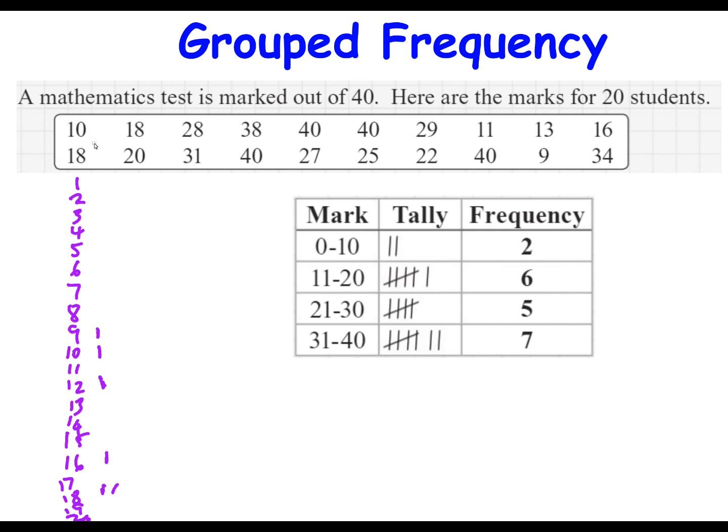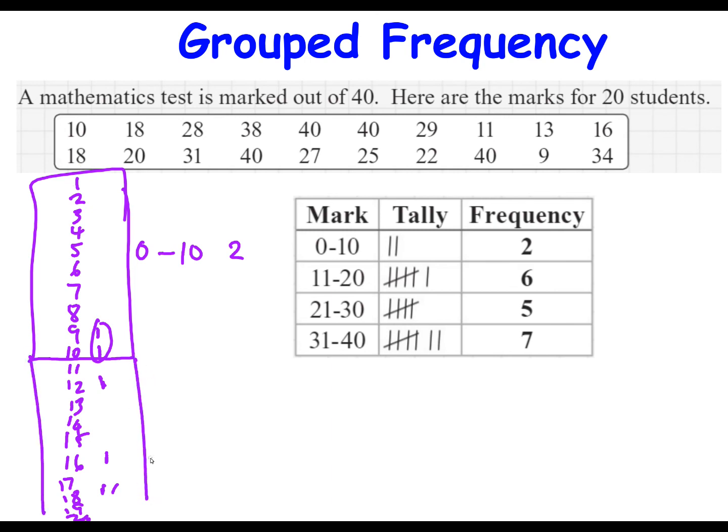What you can do is group the information as you collect it. So instead of having individual scores, you can say that 2 people got the score between 0 and 10. And then you could group the next group and say that 6 people had information between 11 and 20.